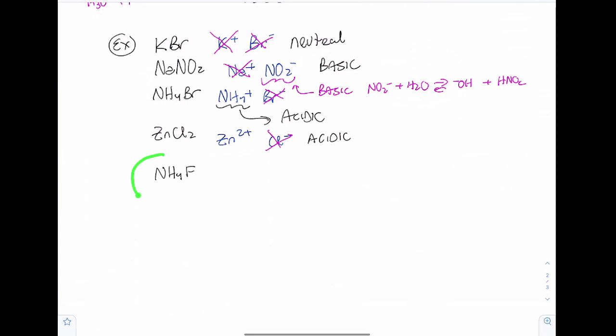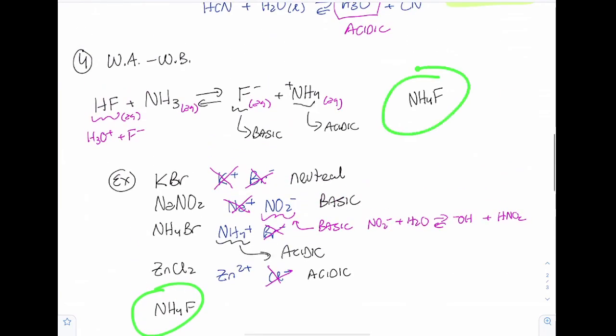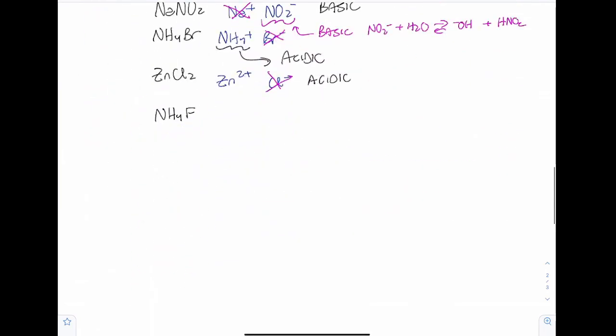And then this one we actually just did. So I gave us the same salt as up here. I have ammonium ions and I have fluoride ions. This one is acidic. This one is basic. So we could look up Ka and Kb's to actually be able to answer the question.